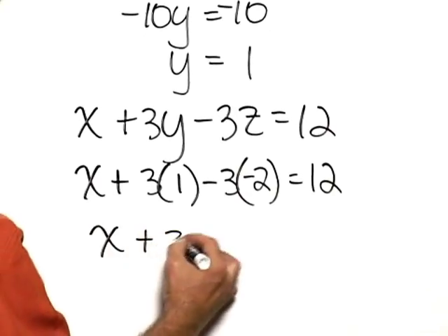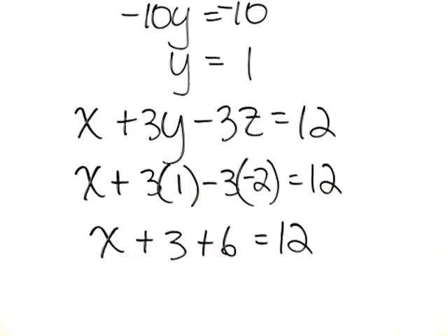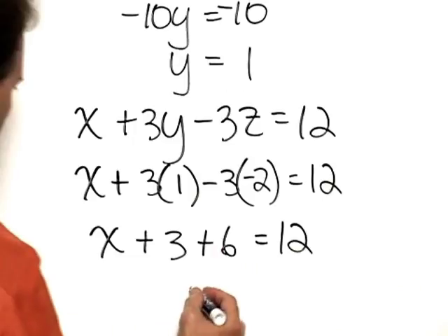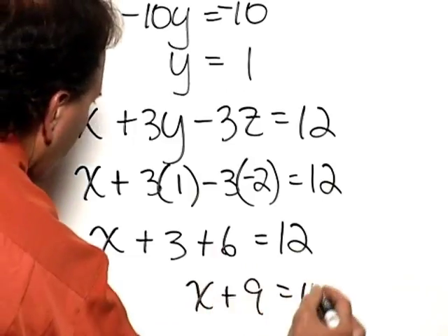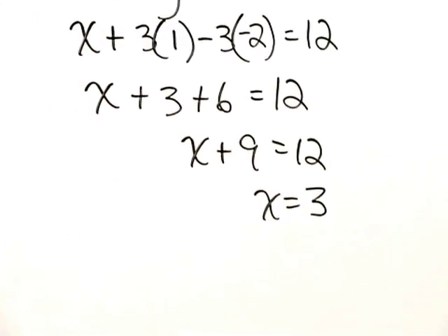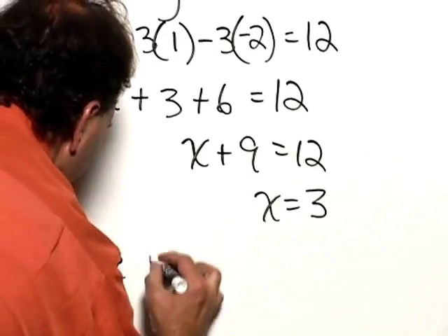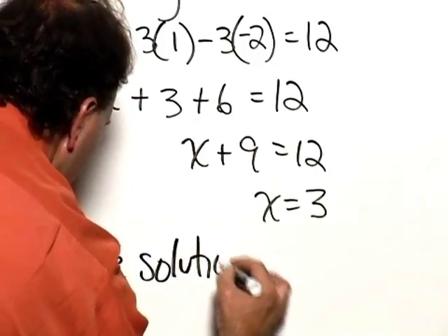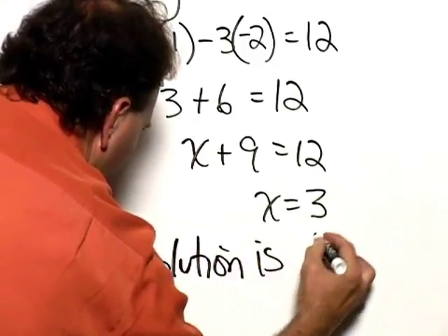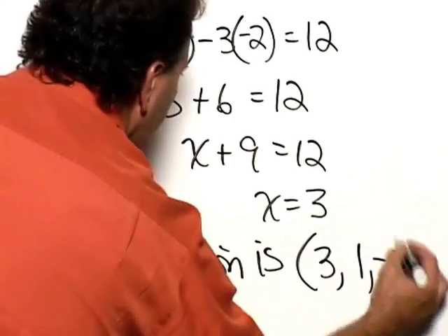That's x plus 3 plus 6 equals 12. 3 plus 6 is 9. x plus 9 is 12. And subtracting 9 from 12, we get x equals 3. I've checked this answer already, so we know that the solution is the point x equals 3, y equals 1, and z equals negative 2.